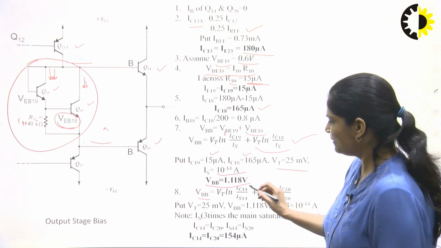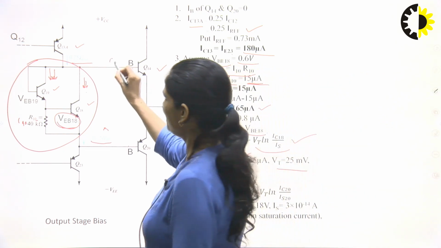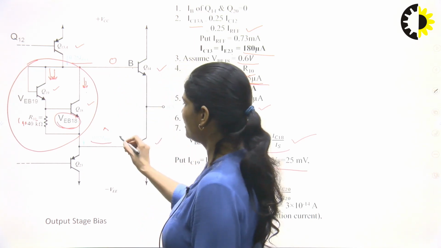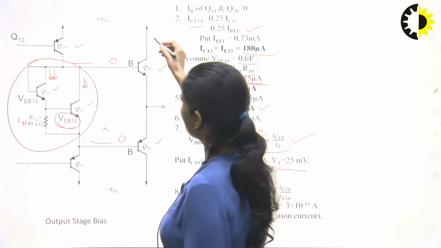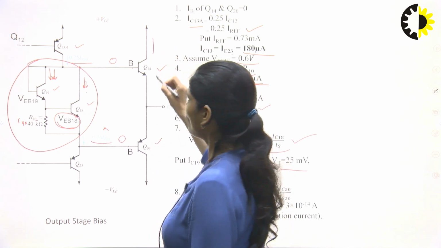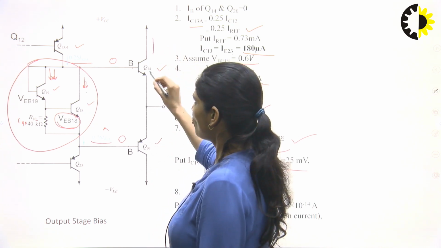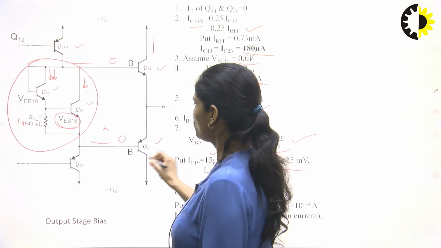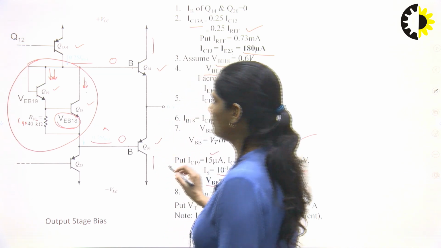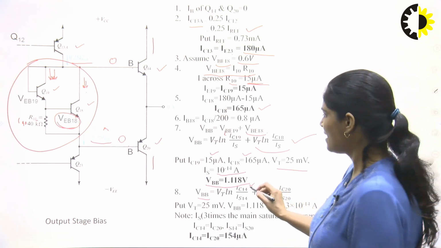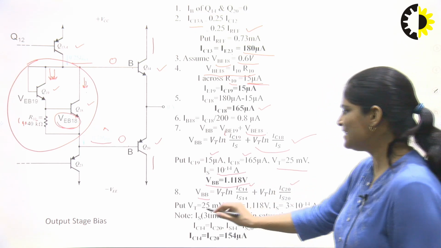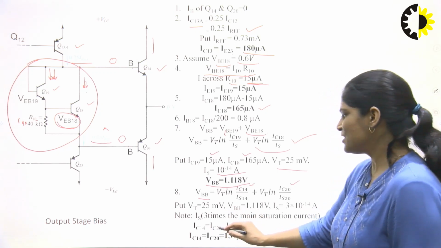If we assume the base currents of transistors Q14 and Q20 are nearly equal to 0, then we can say the collector current of Q14 is equal to the emitter current of Q14, and the collector current of Q20 is equal to the emitter current of Q20. It means IC14 is equal to IC20.